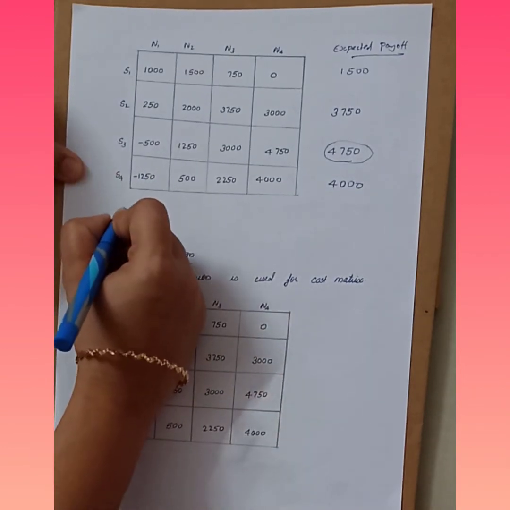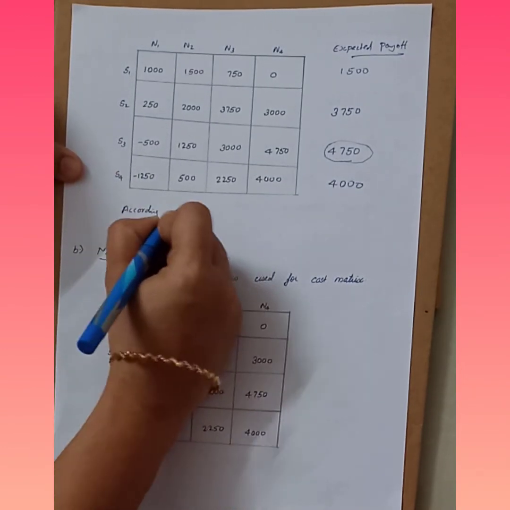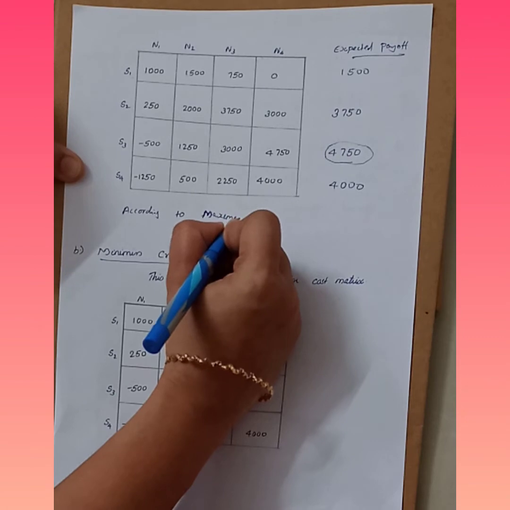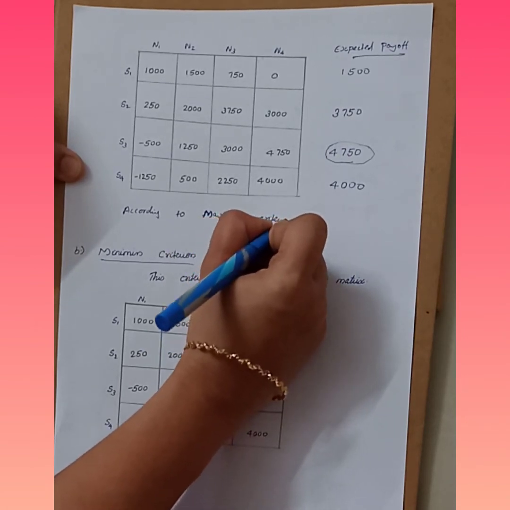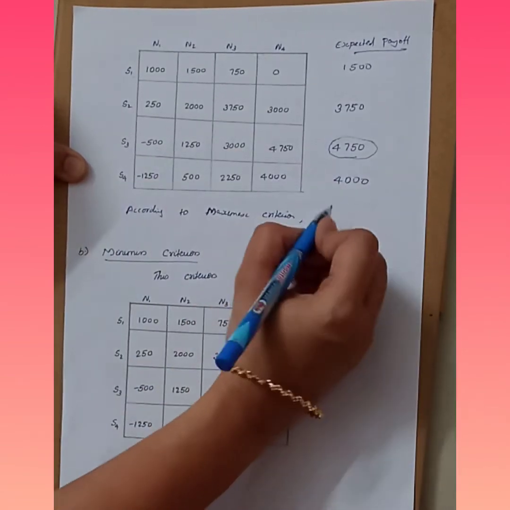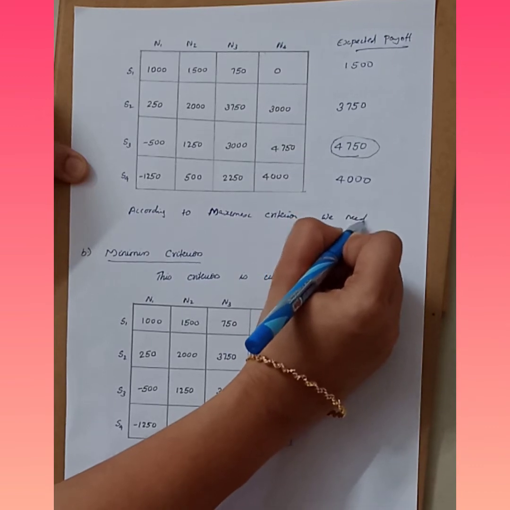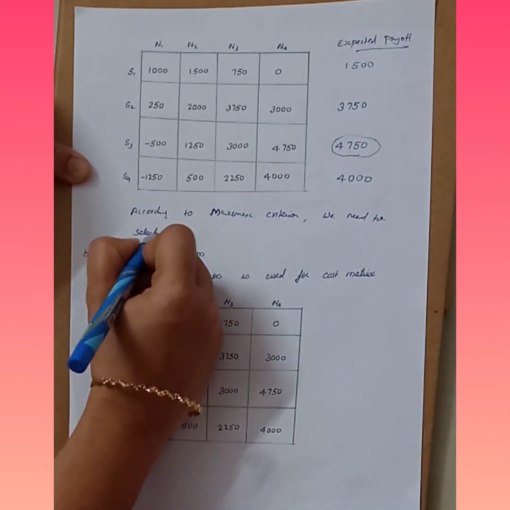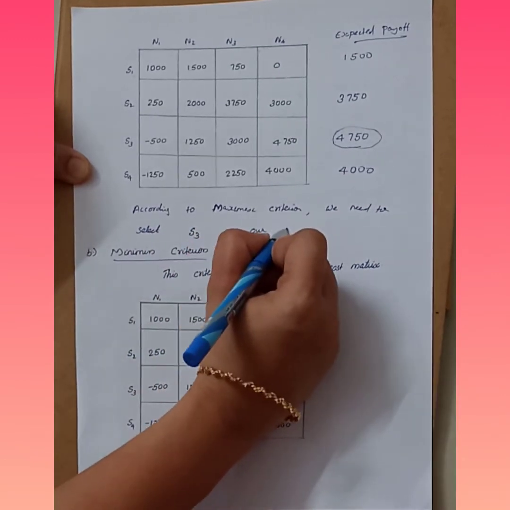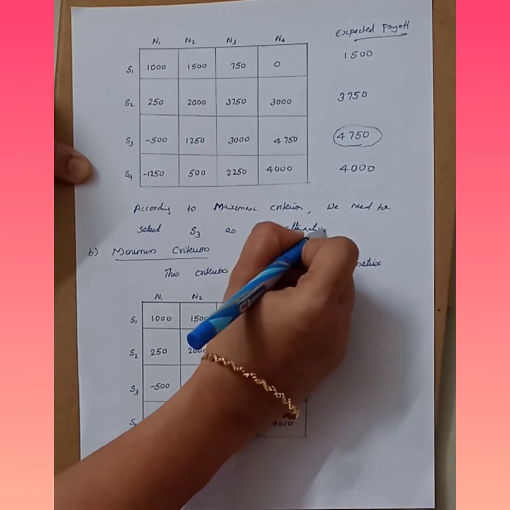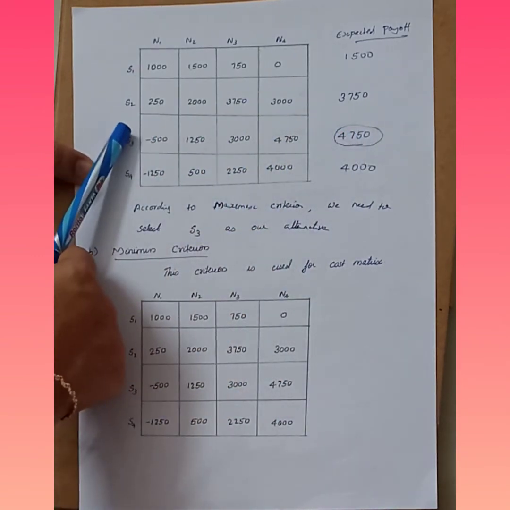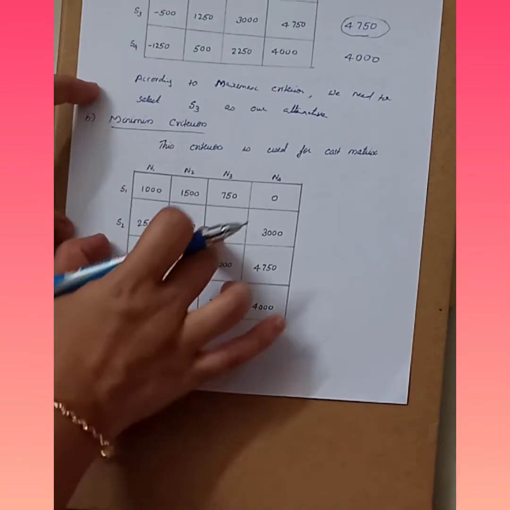So according to the Maximax criterion, we need to select S3 as our alternative, because the maximum value corresponds to S3.